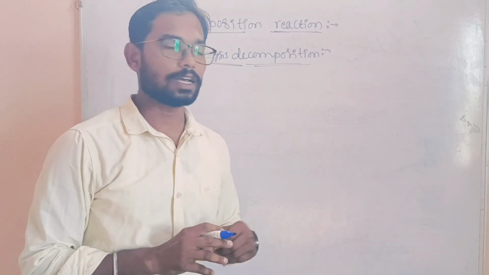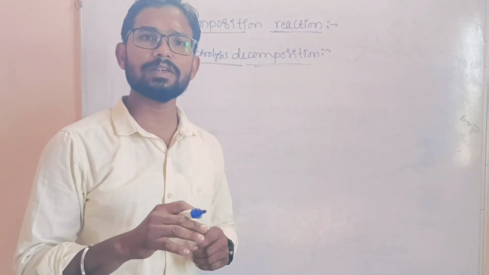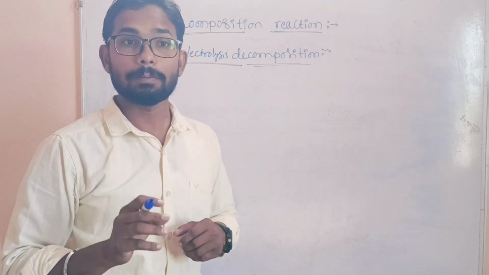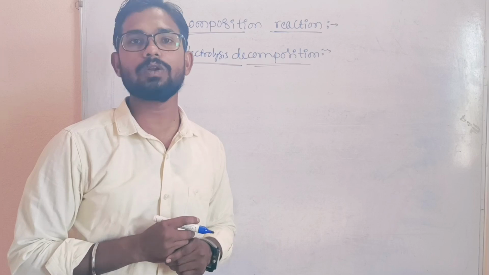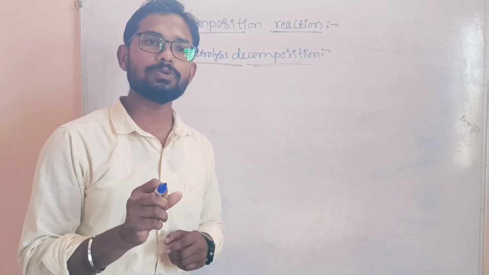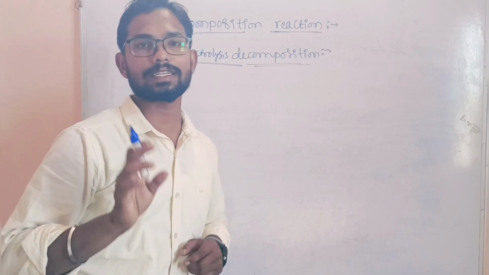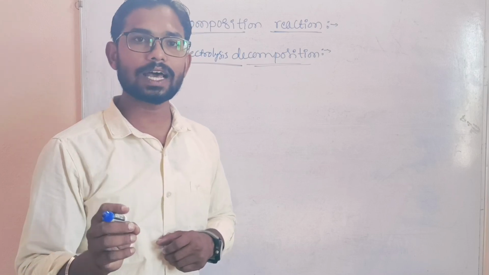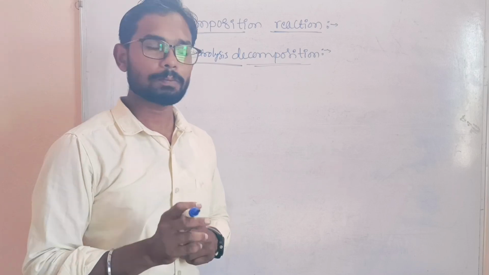Already we studied thermal decomposition. Thermal means what? Heat energy we are using to break down the reactants. But in the case of electrolysis, we are going to use energy in the form of electricity, or electrical energy, to break down the reactants to form products.